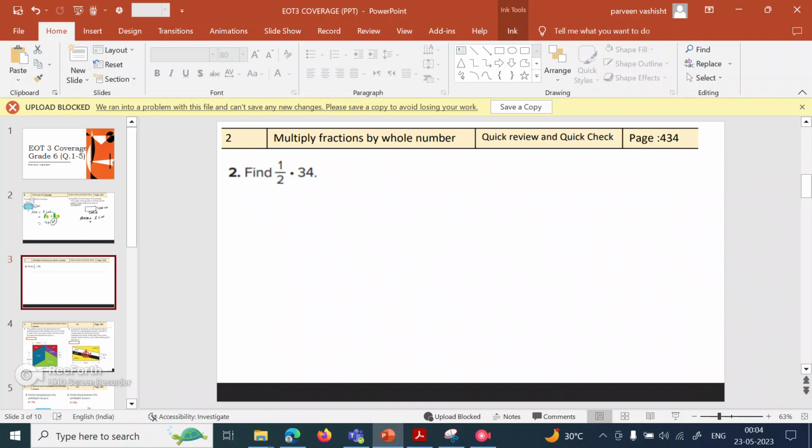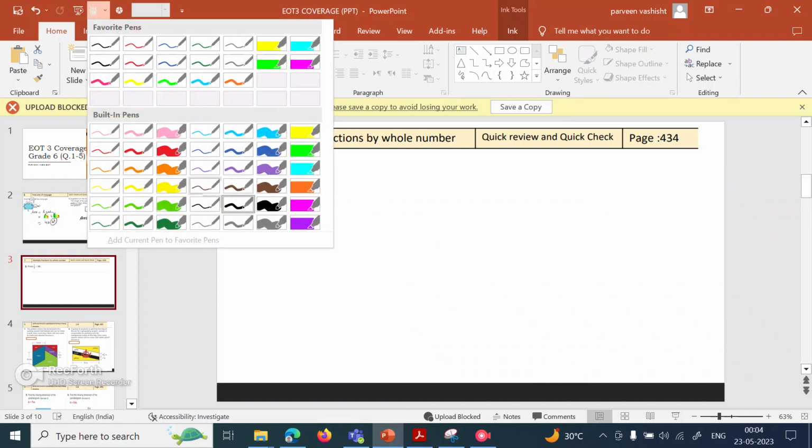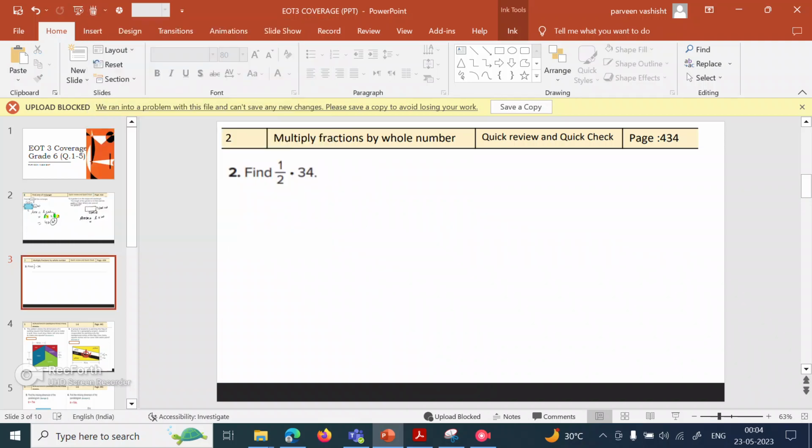Now we are going to multiply fractions by whole numbers. Question number 2 will be based on your knowledge of how to multiply a fraction, 1 by 2, multiplied by a whole number 34, so I'll put 34 by 1.